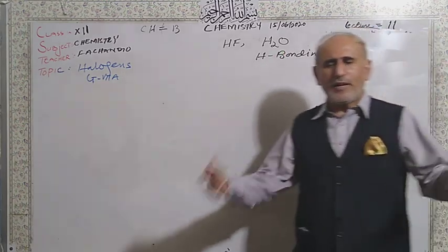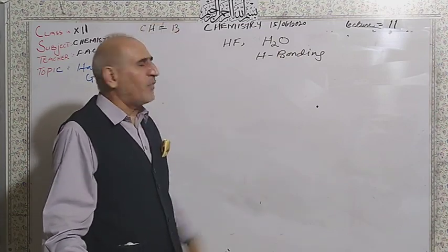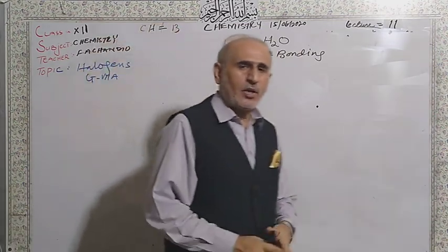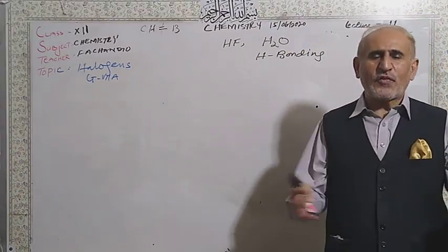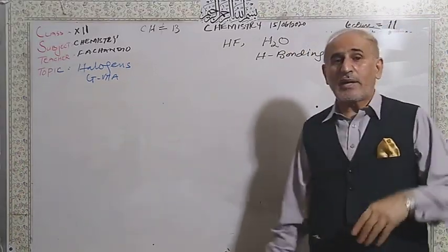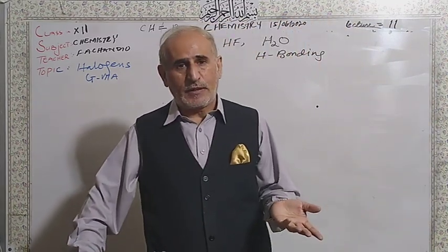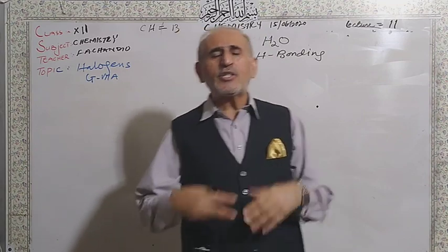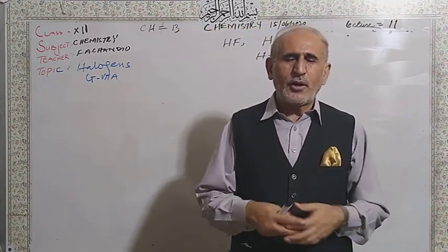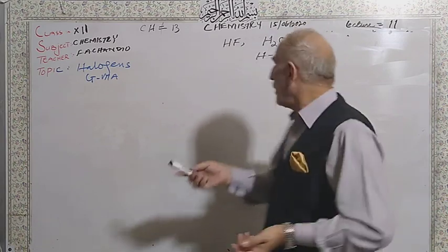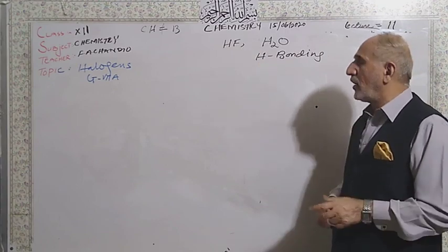The hydrogen bond in water is not as strong as that of hydrogen fluoride, because the electronegativity of oxygen is 3.5, so it has a smaller difference as compared to hydrogen fluoride, because fluorine has an electronegativity value of 4. The more the difference, the more the polarity, and the hydrogen bond will be stronger. So the hydrogen bond between hydrogen and fluorine is stronger than that of water.